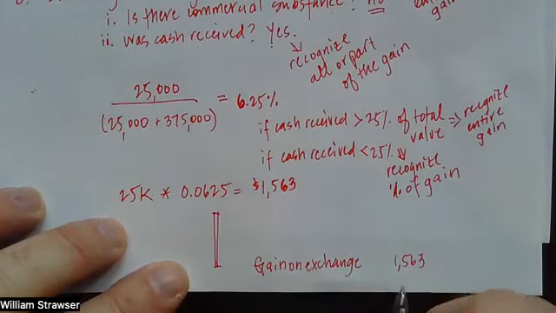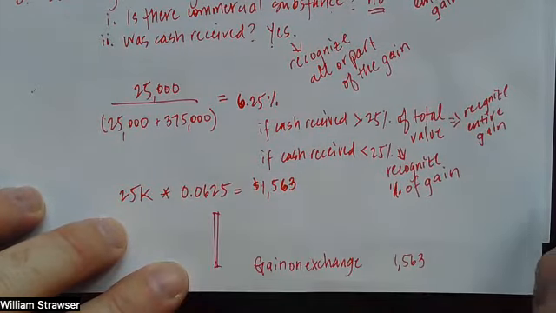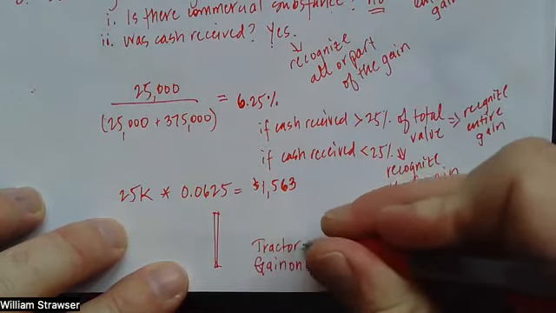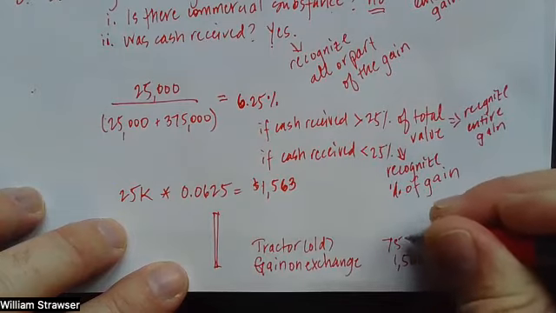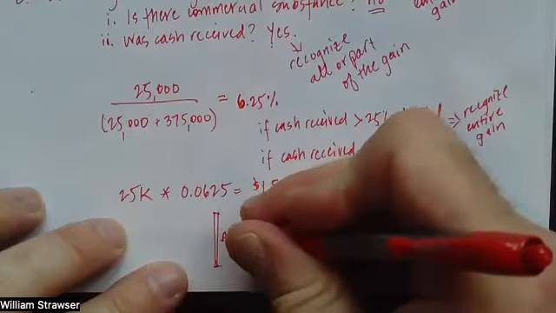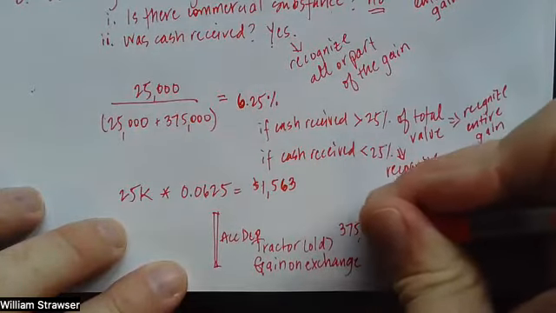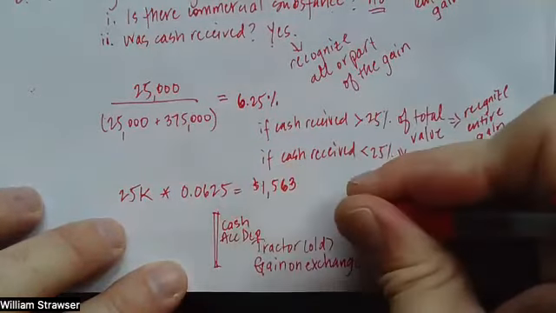So I recognize the gain on exchange at the lesser amount, only 6% of the 25,000. The old tractor still had a historical cost of 750,000, so that stays at that amount. The accumulated depreciation was still $375,000. That doesn't change.